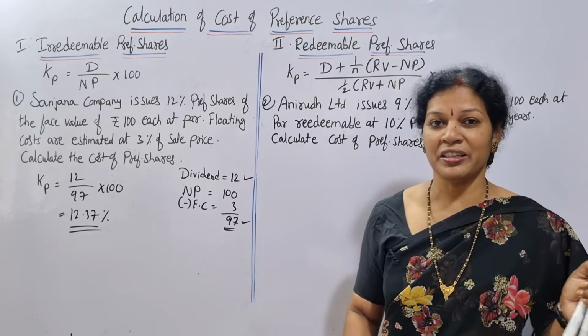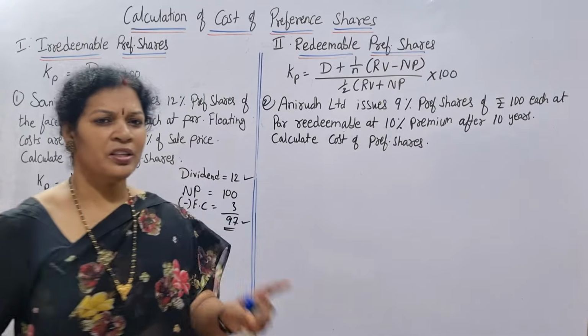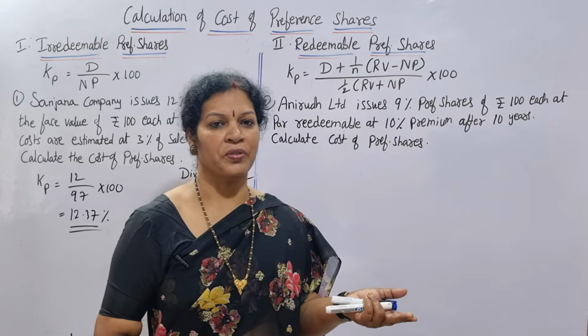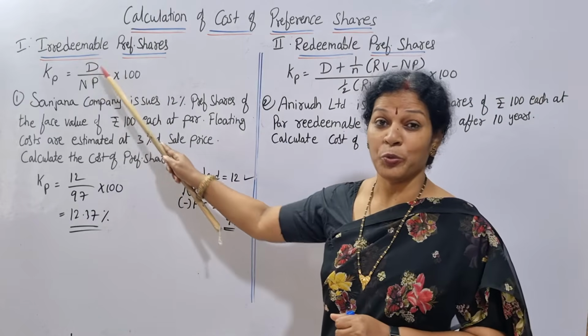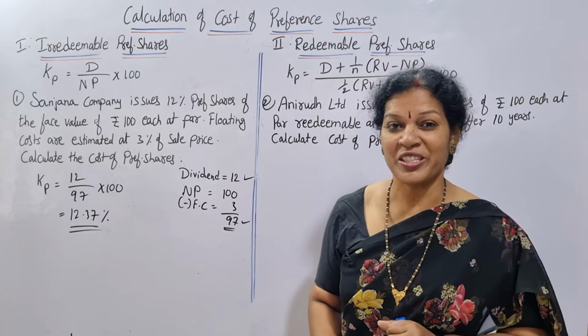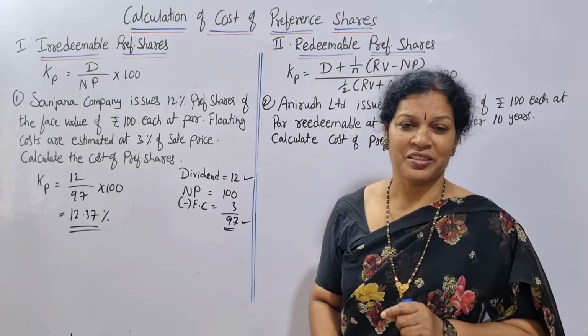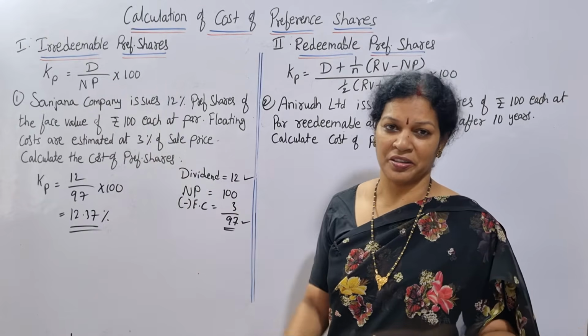redeemable preference shares. Irredeemable is over. The redeemable preference shares formula is also almost similar to the previous problem. Cost of debt. Now in cost of debt also we had taken D into 1 minus T. 1 minus T was there, na? 1 minus T means tax was there. Now here tax is not there, so that is why it is dividend by net proceeds into 100.